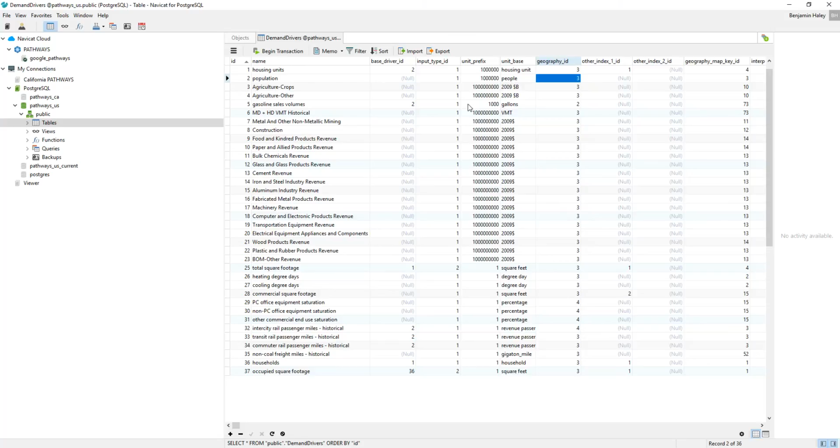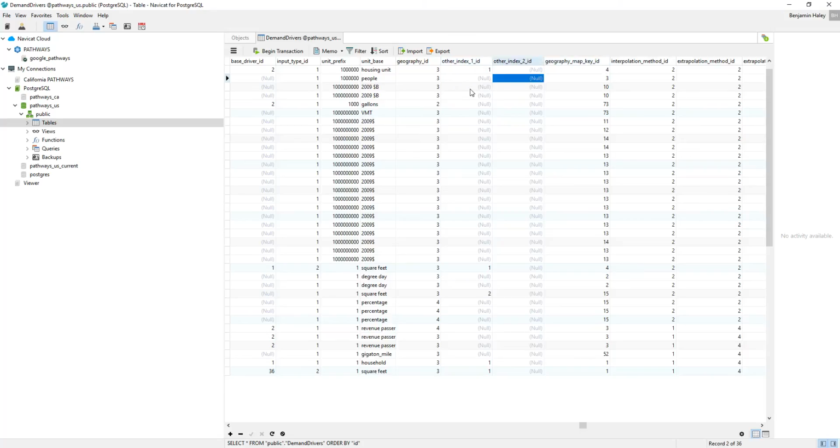The geography that is used in this input is a census division. So what that means is our projections of population are actually on a census division. There are no additional other indexes to that data, so they're not by household or things like that. We use a map key to map across different geographical representations.